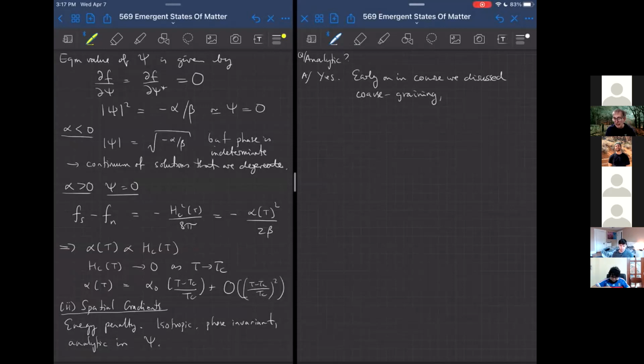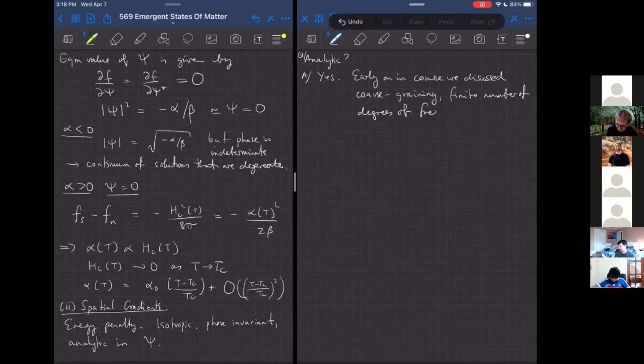Coarse graining means that we are taking a finite number of degrees of freedom in our coarse graining scale. Now, Ginzburg and Landau weren't really thinking about coarse graining at that time, but today that's exactly how we would interpret this.